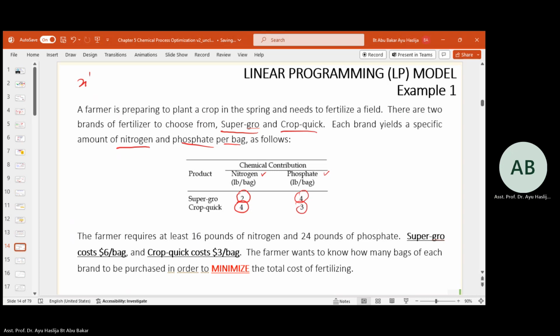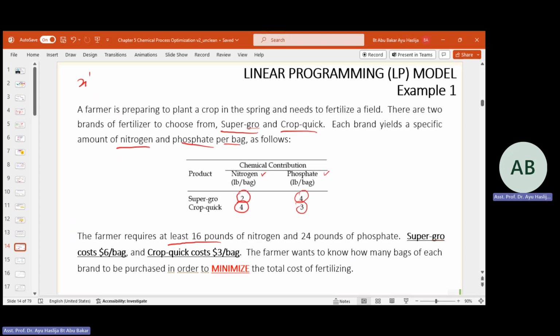Okay. Now the farmer requires at least 16 pounds. So equal or unequal? At least. At least. So if at least means it can be more or less.